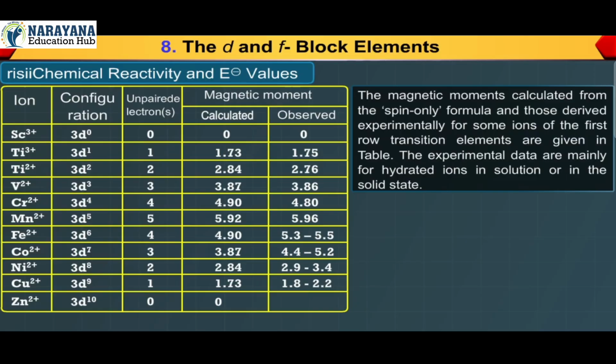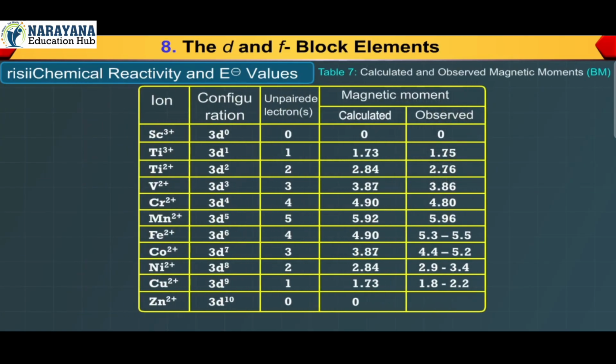The experimental data are mainly for hydrated ions in solution or in the solid state. Table 7: calculated and observed magnetic moments, that is BM. Ion, configuration, unpaired electrons, magnetic moments calculated, observed.